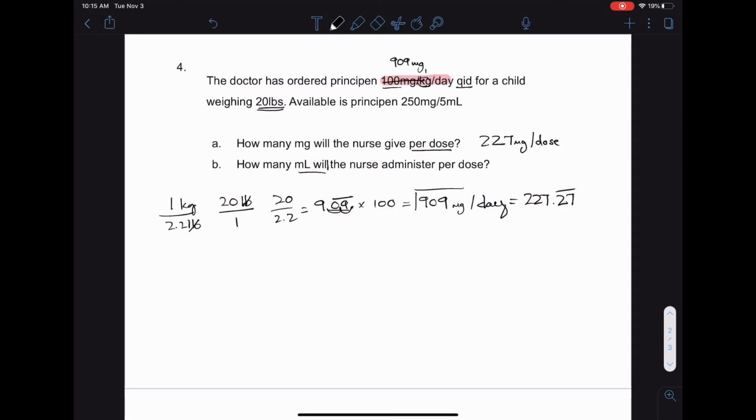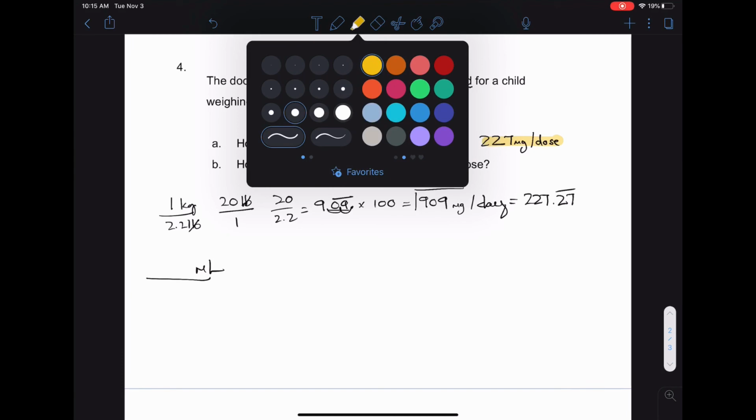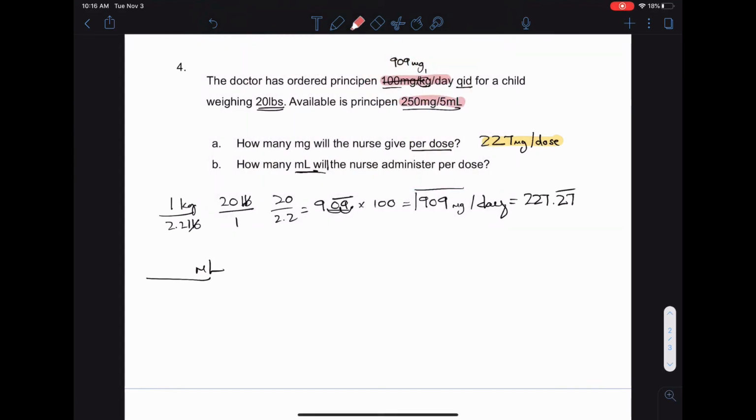All right. How many mils will the nurse administer per dose? Now this is back to how we were doing the problems in the first video. So we're working towards mils. Put the mils on top. Then we see right here 250 milligrams for every 5 mils of liquid.